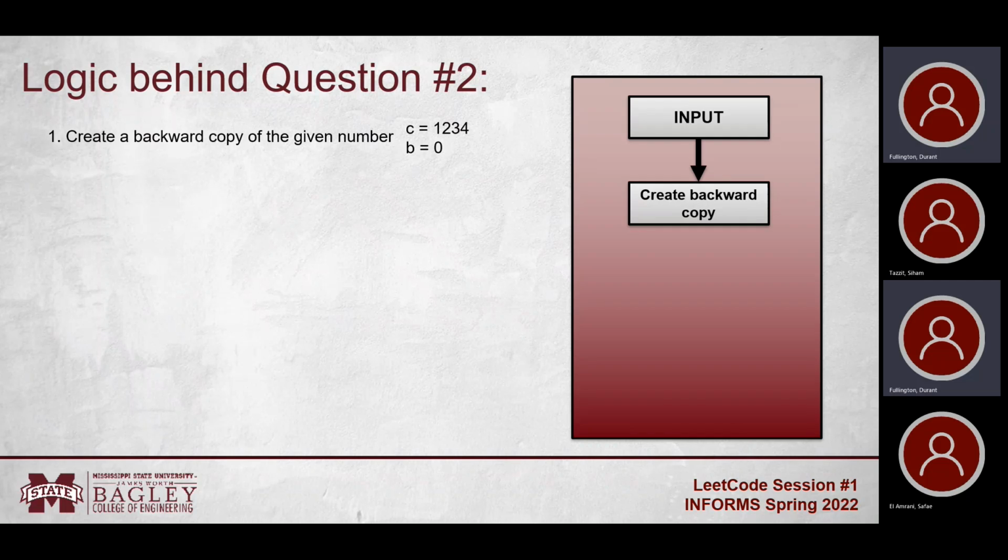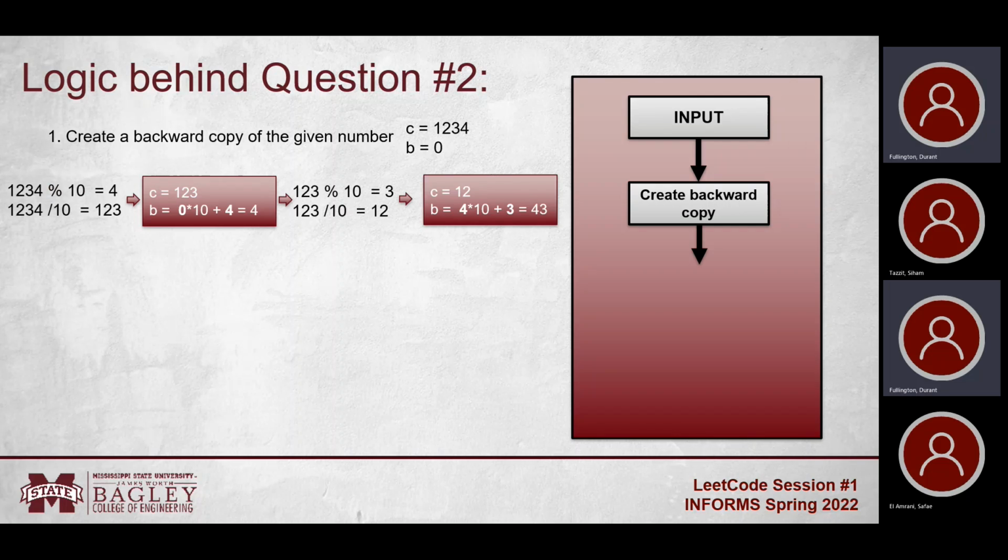Let me go into detail about this problem. The first thing you should do is create a backward copy of the given number. Let's say your number is 1, 2, 3, 4, and we have another variable initialized to 0 to keep our backward copy. This is a way of finding the backward copy.